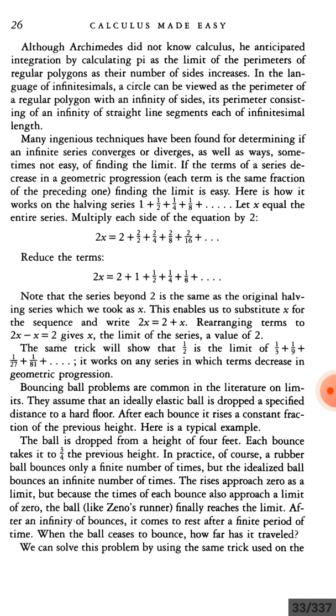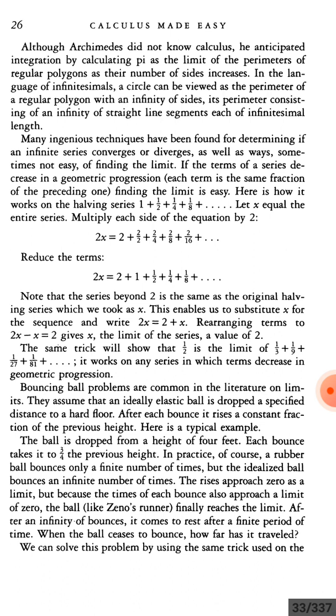Reduce the terms: 2x equals 2 + 1 + 1/2 + 1/4 + 1/8 and so on. Note that the series beyond the 2 is the same as the original halving series, which we took as x. This enables us to substitute x for the sequence and write 2x equals 2 + x.